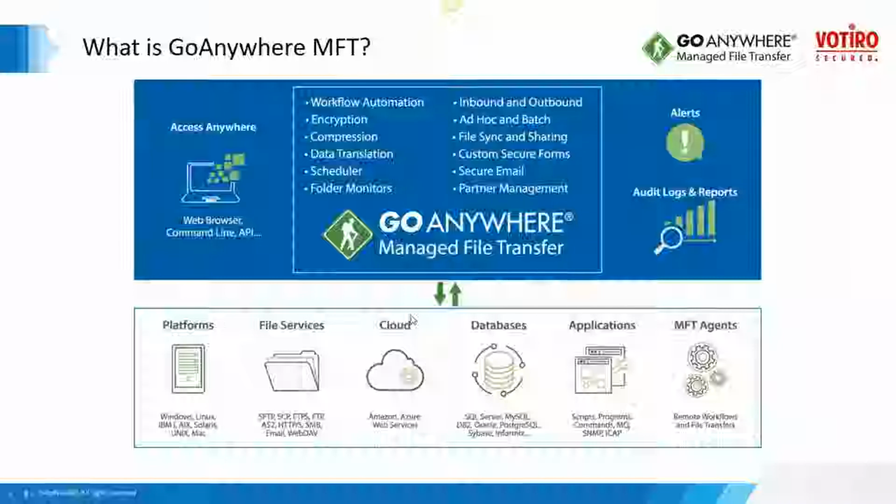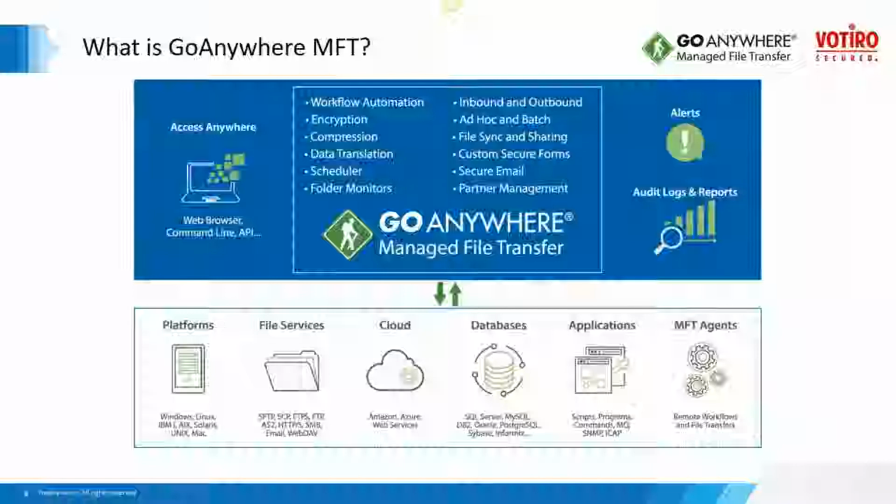Now, in the bottom part of the screen, you'll see all the different types of touch points that we enable through GoAnywhere. If you think about your file system, the way it exists today, whatever you're familiar with, whether it be Windows or Linux, you're limited to the connection types that you have available to you natively through the file system, along with file shares like SMB shares.